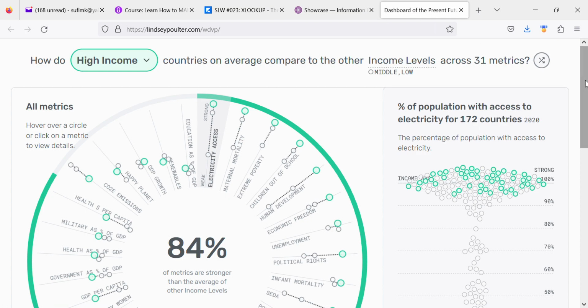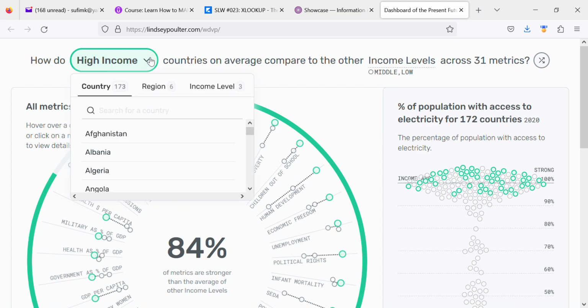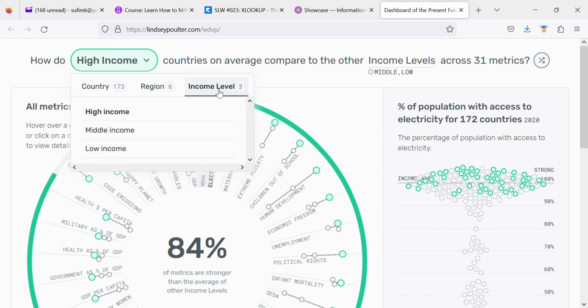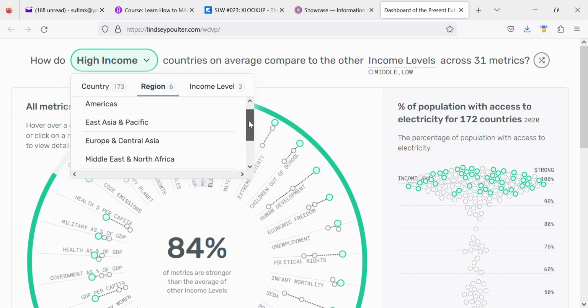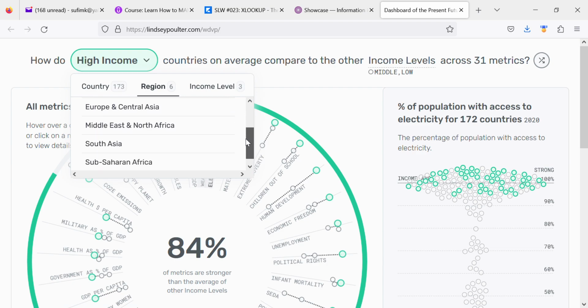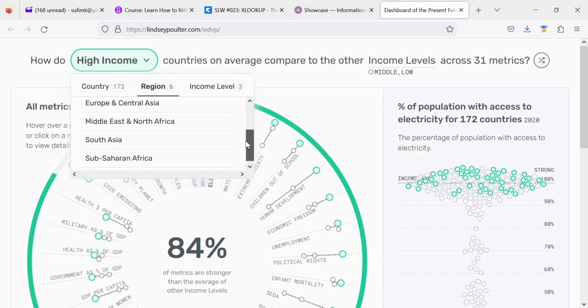Here is the data. It compares by income level: high income, middle income, low income, and by regions. There are 6 regions: Americas, East Asia and Pacific, Europe and Central Asia, Middle East and North Africa, South Asia and Sub-Saharan Africa.